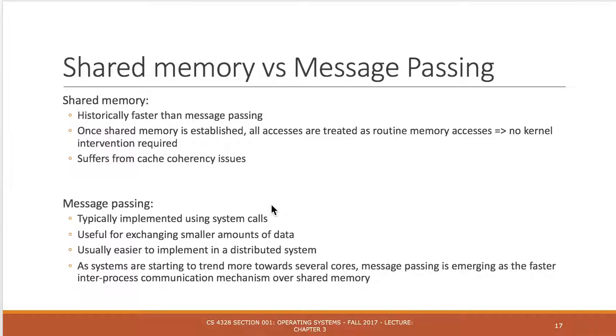It emerges that message passing is a more effective and faster IPC mechanism than shared memory as the number of cores in a given system continues to scale and trend upwards. Okay, that's just a high-level discussion about the pros and cons of shared memory versus message passing.